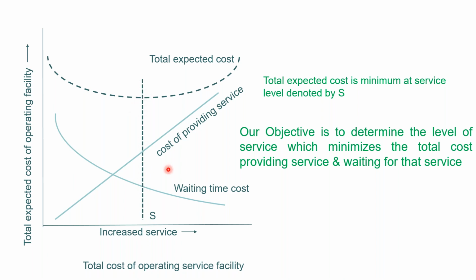So we have to find an optimum way of providing better services at a low cost. Our objective is to determine the level of service which minimizes the total cost of providing service and waiting for that service.